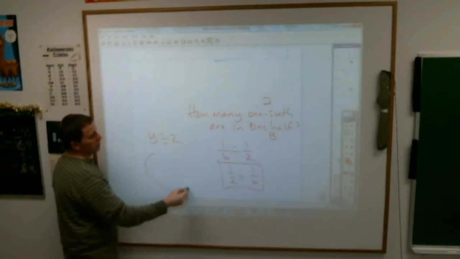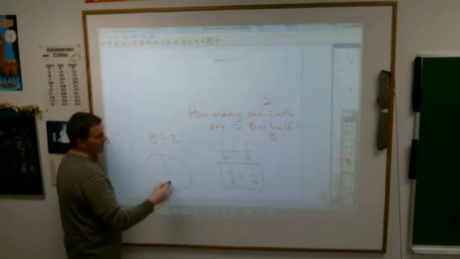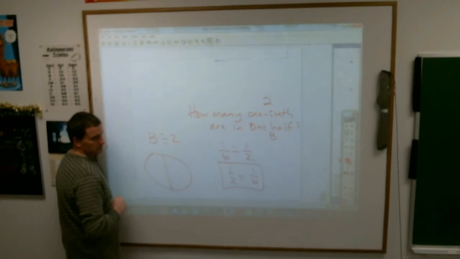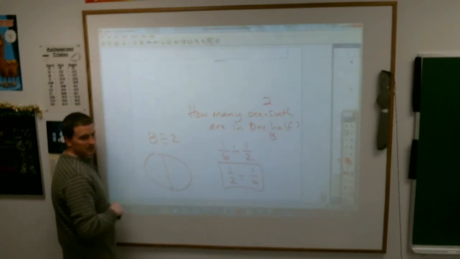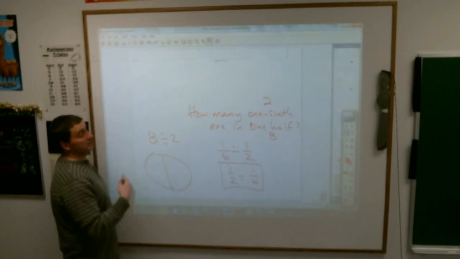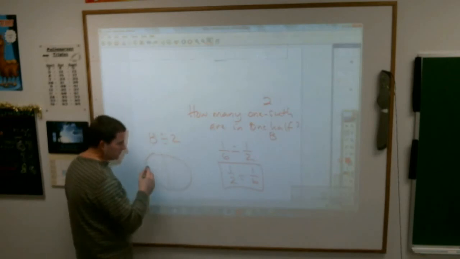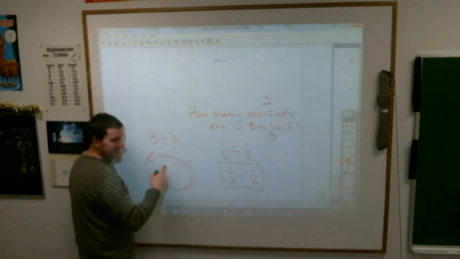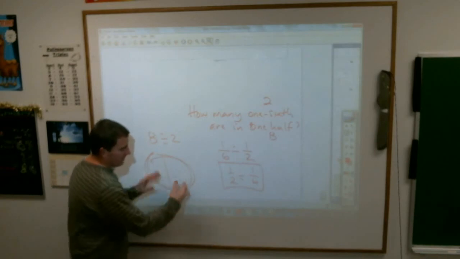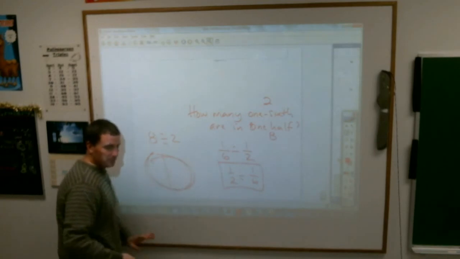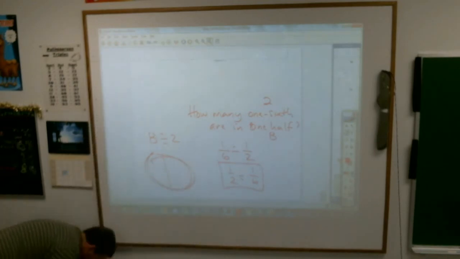Looking at the circle, I have a half of a circle. And if I think about cutting the circle into sixths, how many 1/6 are in 1/2? Well, here's a question, how many 1/6 are in 1? 6. So if this was a whole circle, there would be 6 in it, but I only have half of the circle, so there it is, Molly. 3.